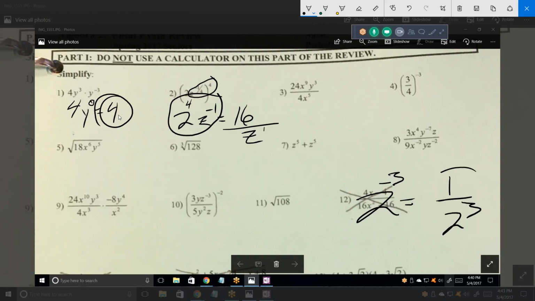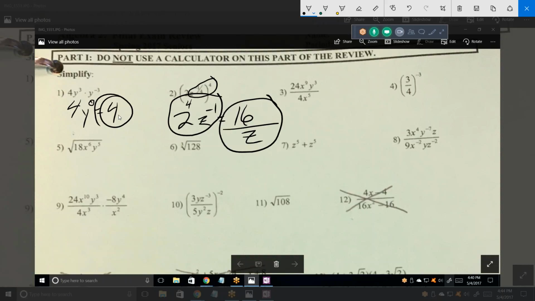Notice that 1 over 2 to the 3 is 1/8. That's a positive number. So when you see a negative exponent, it does not mean negative numbers. It just means put it on the other side of the fraction bar. Simple as that. Nothing complicated at all. And that's your final answer, and it has nothing but positive exponents.